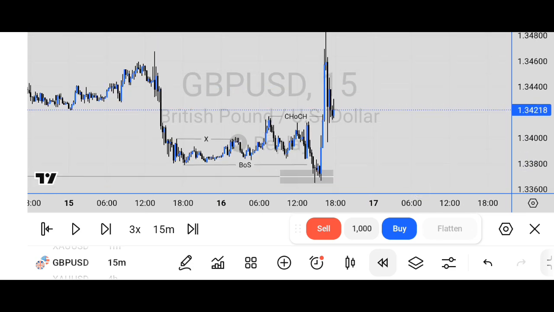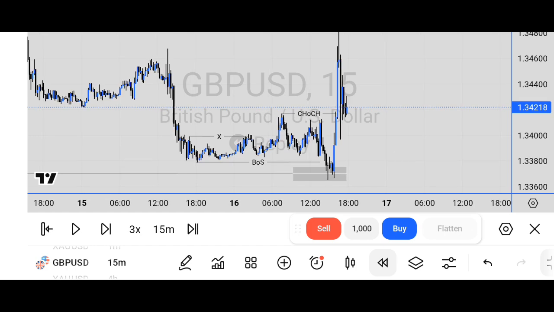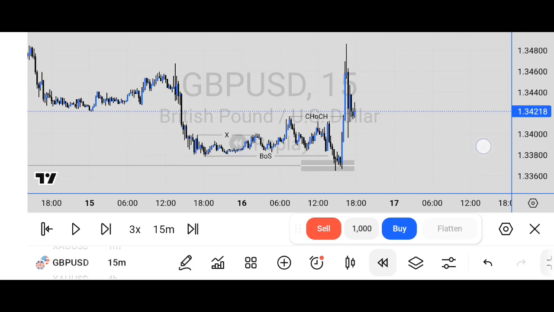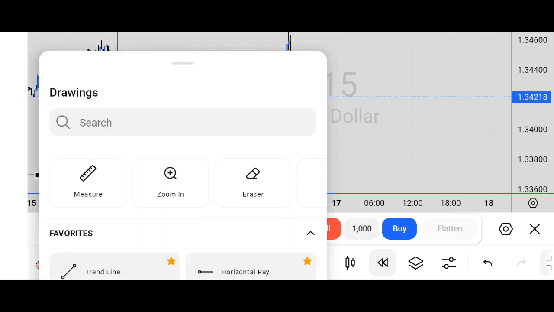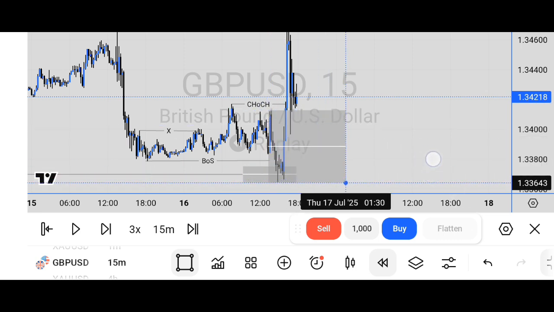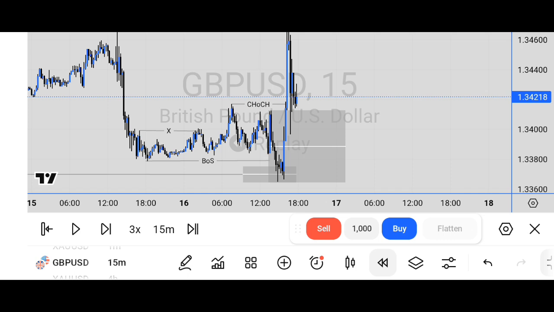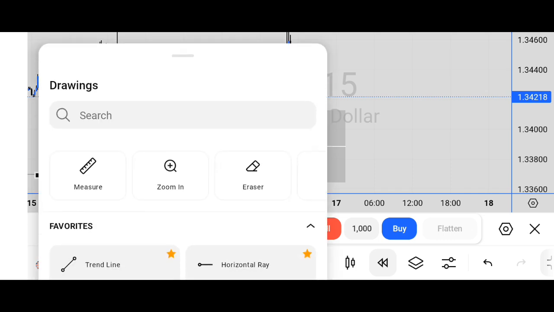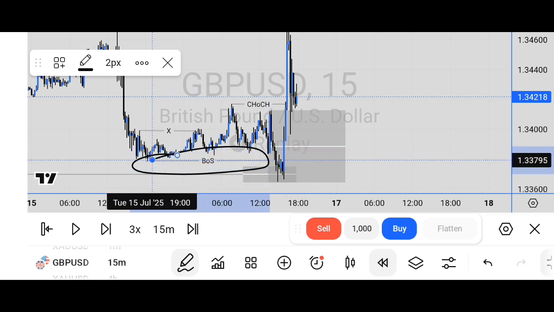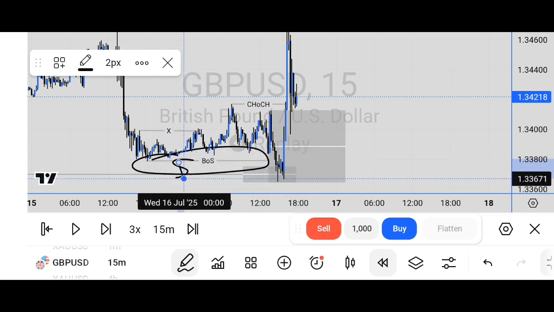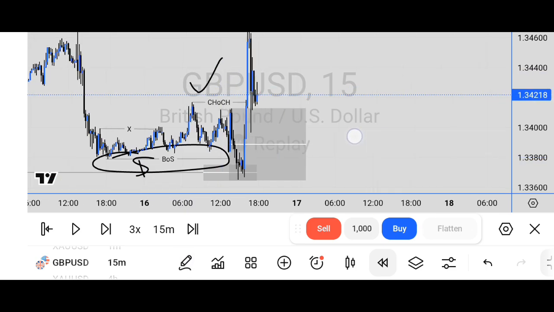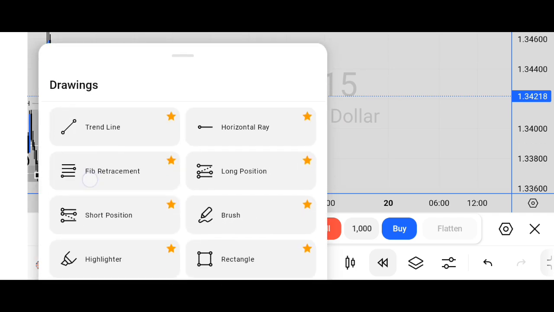So after our change of character right here, we can buy directly from this order flow right here, because price already took out change of character. So this low will be acting as our inducement. In this case, it will be acting as our liquidity, because price tapped into a higher time frame POI and took out our chalk. So basically what we are having there is something like this.